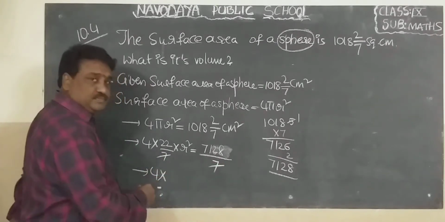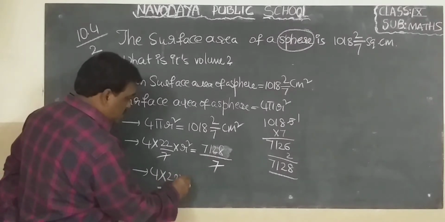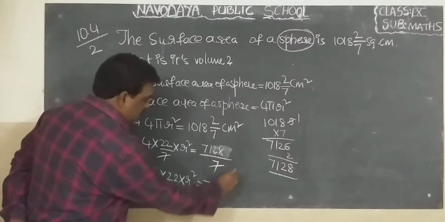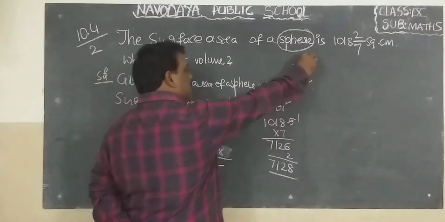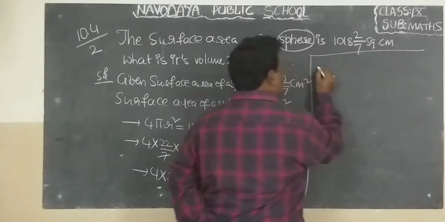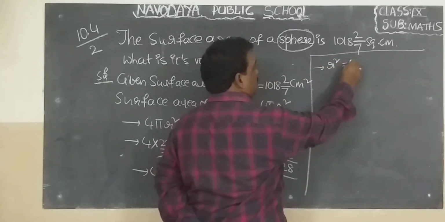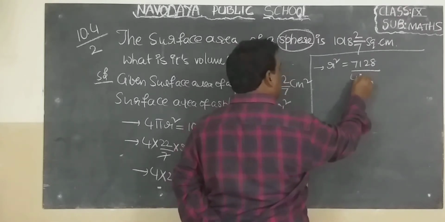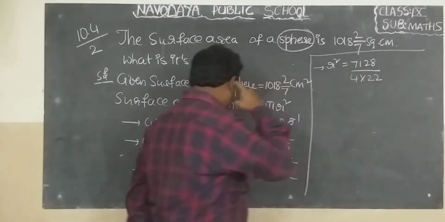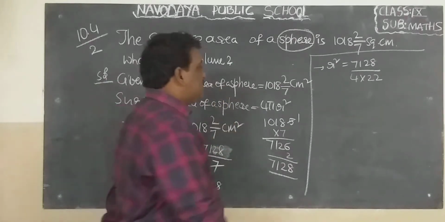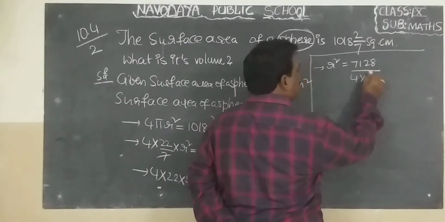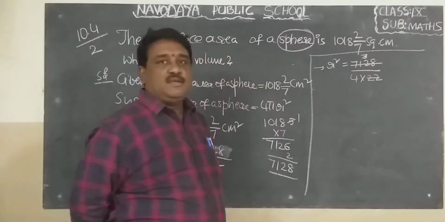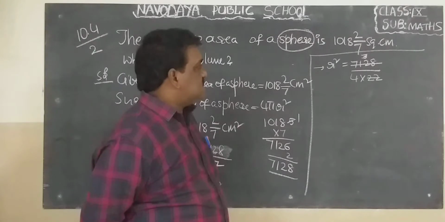4 into 22 into r square equal to 7128. Then r square equal to 7128 by 4 into 22. Cancellation. 22 how many times? 3 times, 66, 5 remainder. Next number 2.